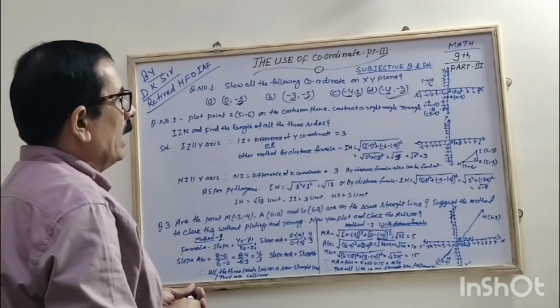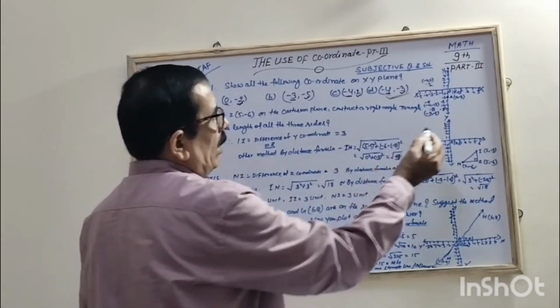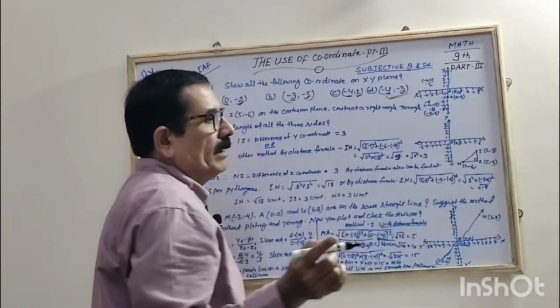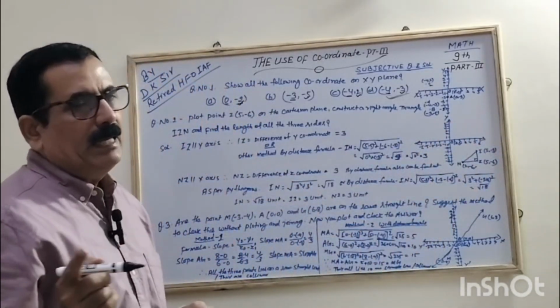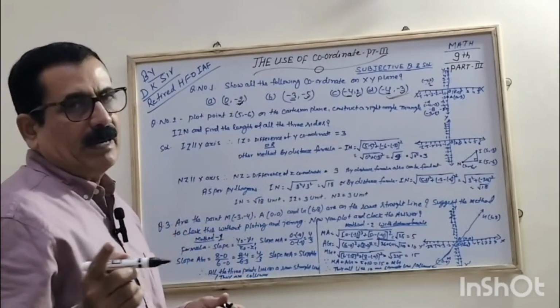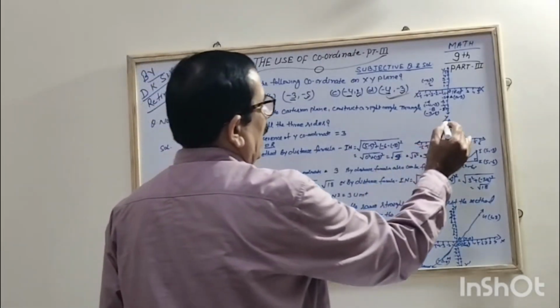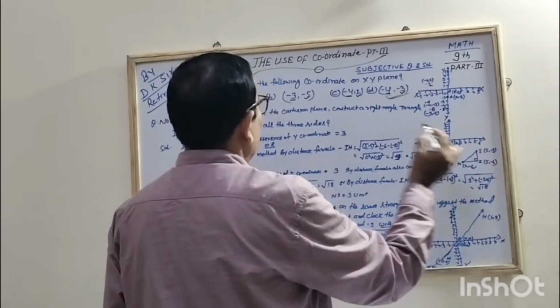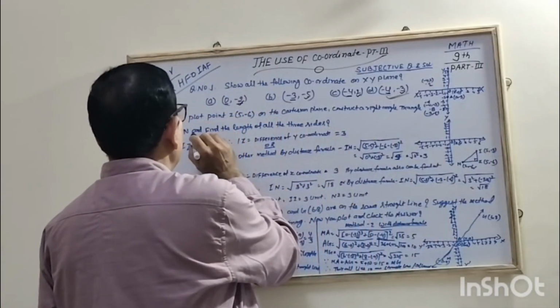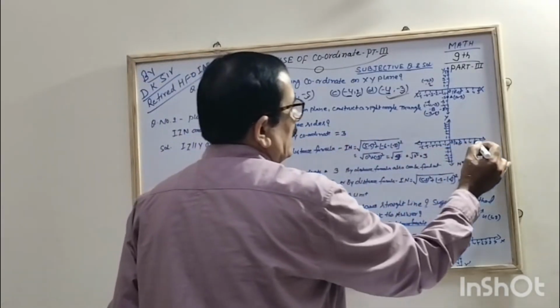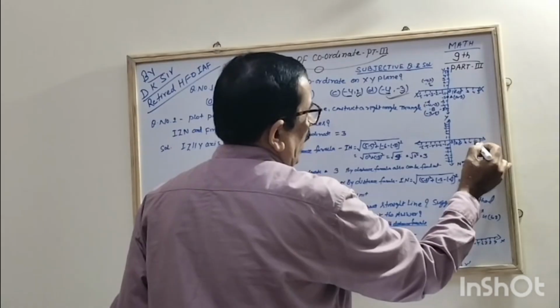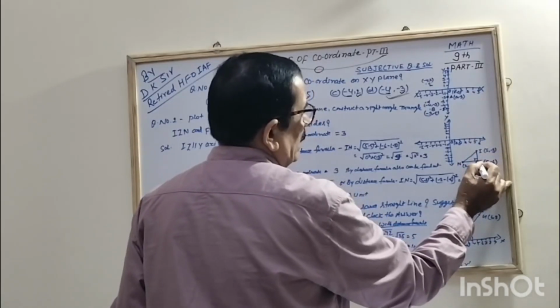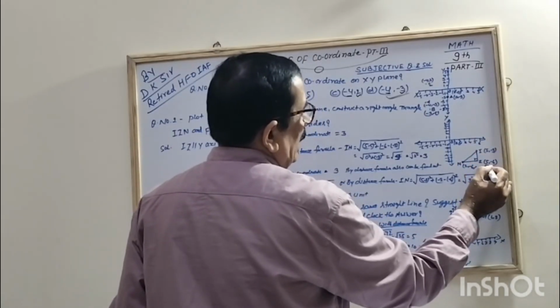So what I did, I have drawn an XY plane. Gentlemen, you will not write with the pen, use the graph paper, correct? In that I have gone to point Z, whose coordinates are 5 minus 6. So I have gone to 5 and minus 6 down. So this Z is 5 minus 6.